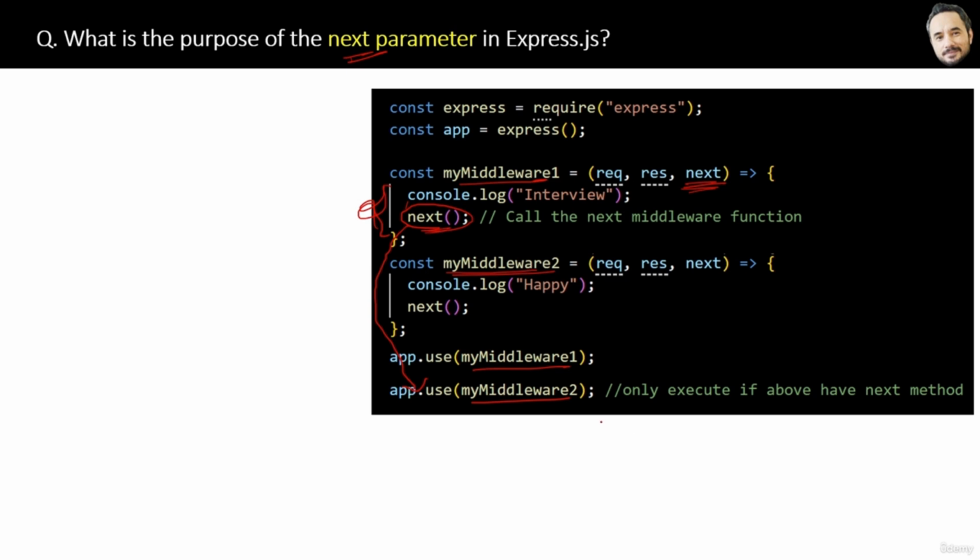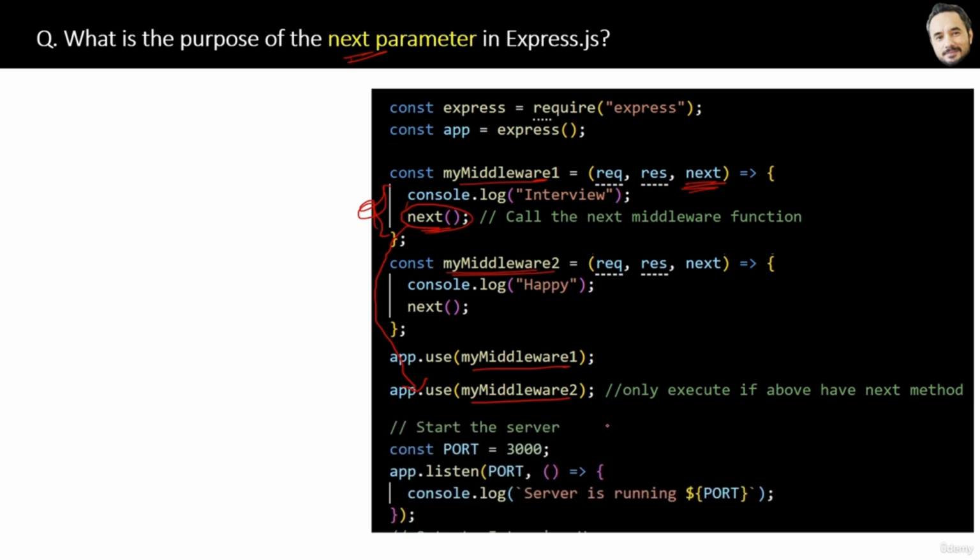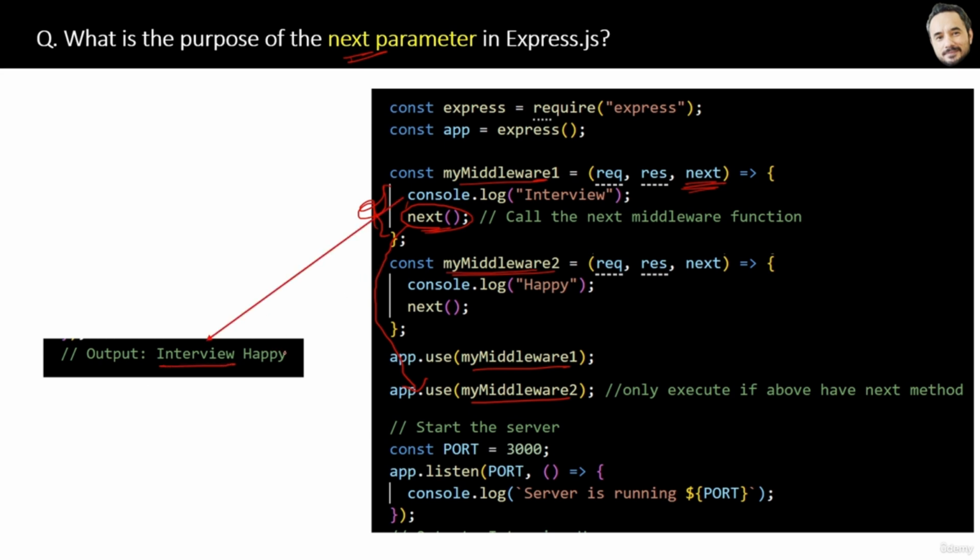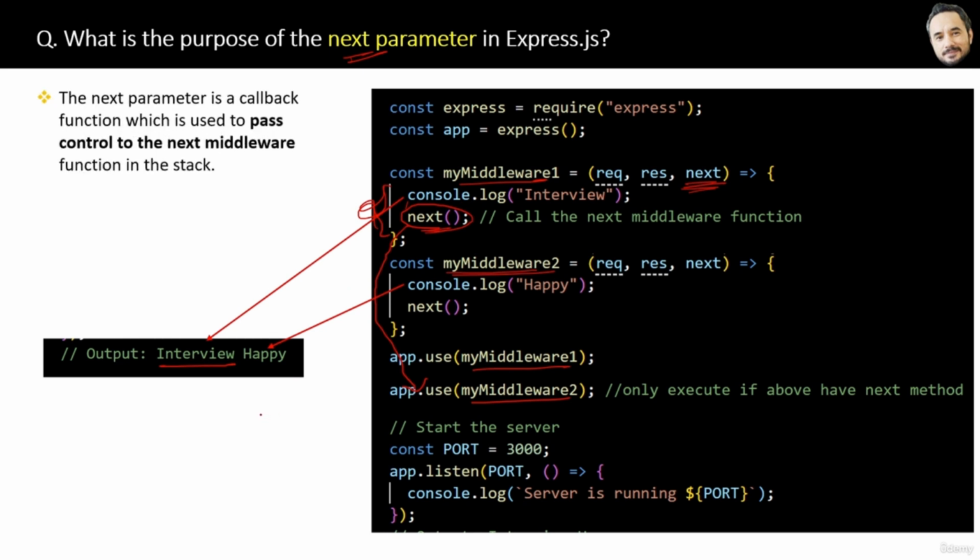Then we will of course start the server, and finally we will get the output like this. Here you can see interview is from the first middleware and happy is from the second middleware. That is the explanation, and here I have also written the answer and the simplest definition of the next callback function.